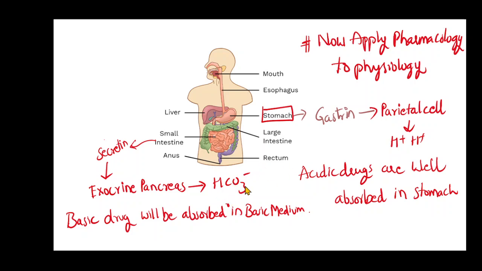So the point to discuss is that acidic drugs will be absorbed in the stomach, and basic drugs will be absorbed in basic medium. Why an acidic drug absorbs in acidic medium and a basic drug in basic medium, and how it changes, we will discuss in the next slide.